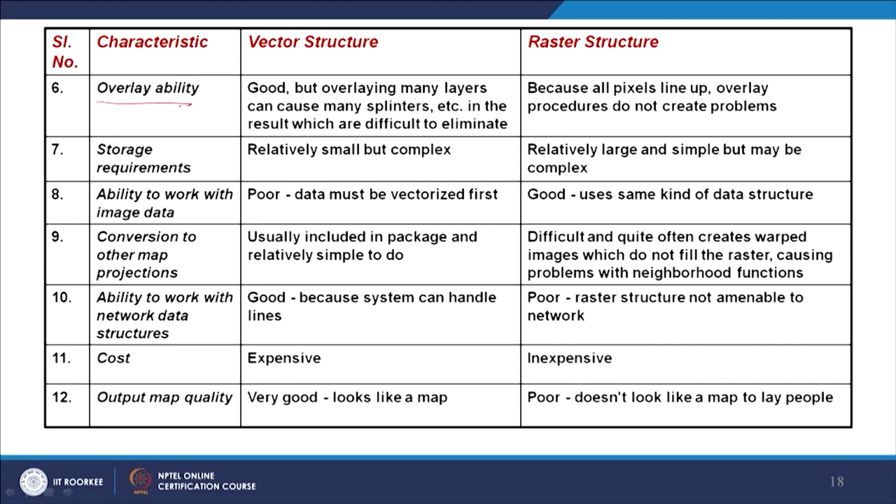Storage requirements we have already discussed. The vector requires less storage but is complex. Complex means many files will be created, as we have seen while discussing topology. But in case of raster, sometimes even a single file will store the entire raster layer without any problem. Why did I say sometimes?